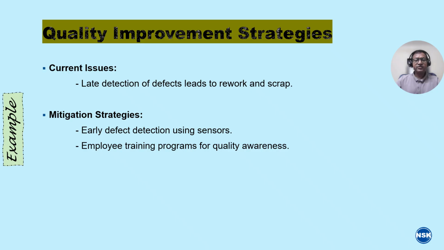He developed a system with a sensor-based mechanism which helps to identify faulty products early, and thereby detect quality losses early, which can reduce further consequences, that is, losses related to rework and scrap. An employee training program for quality awareness is also one of the mitigation strategies.